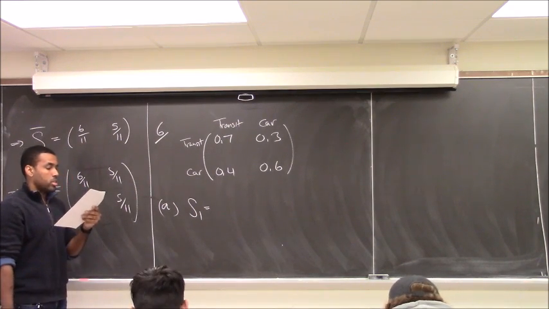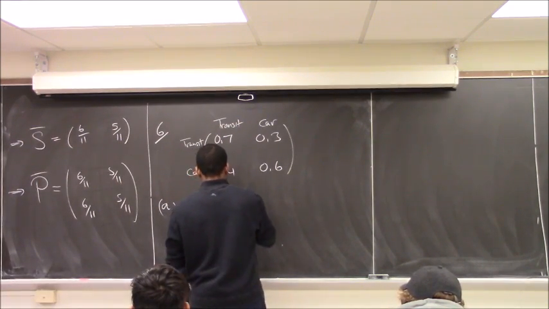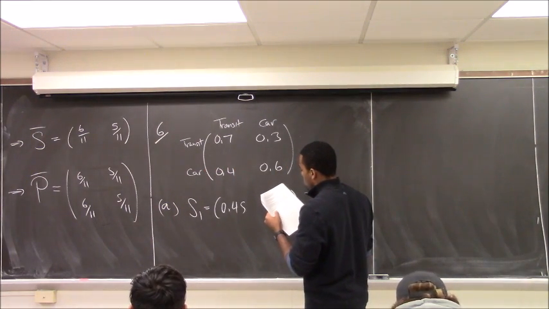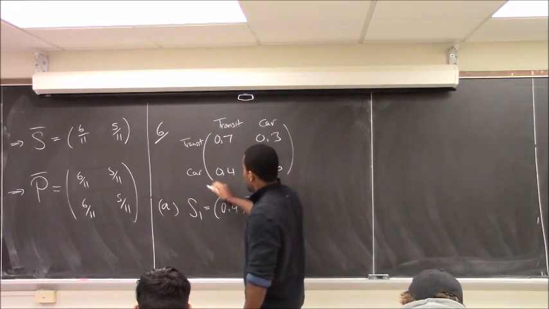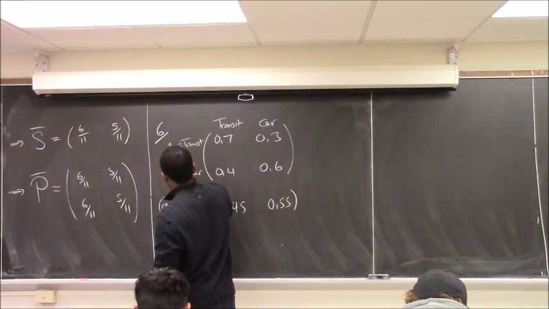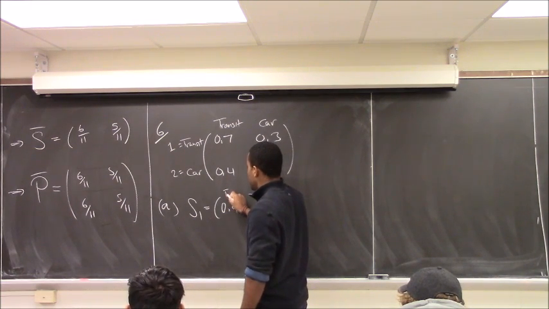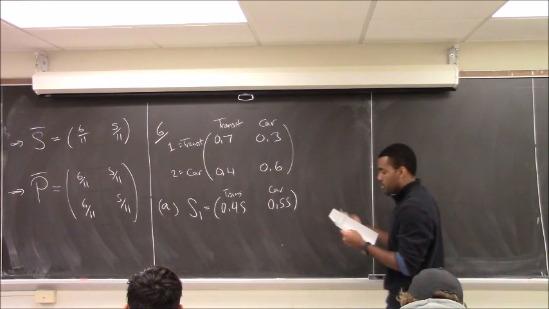What did you guys get for this? Right, that's from the sentence that says 45% of commuters are using the system. So state 1 is they use transit, state 2 is they use cars. So this is the transit probability and the car probability. That's the initial state in the first month.